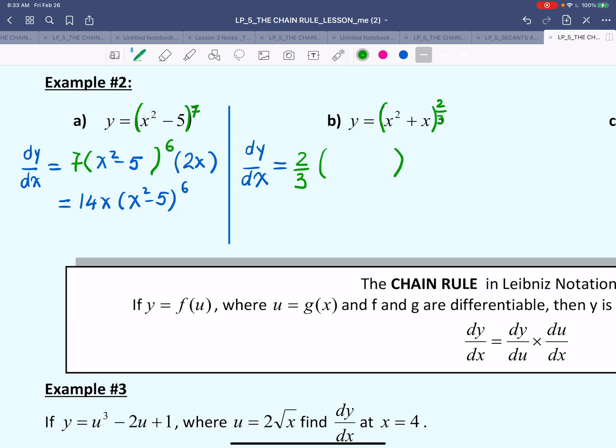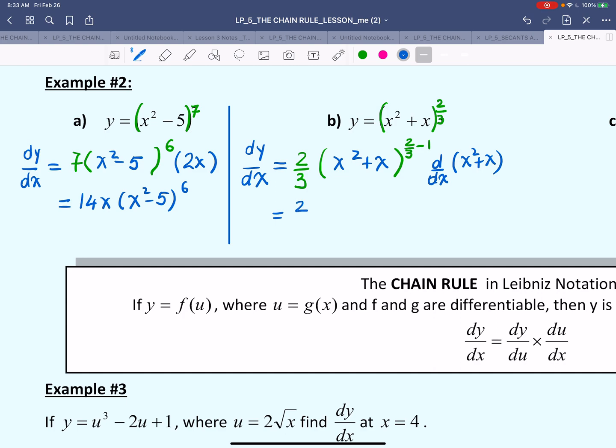What's inside the brackets won't change. The power is reduced by 1. And inside is still x squared plus x. So then we have to multiply by the derivative of the inside function, x squared plus x.